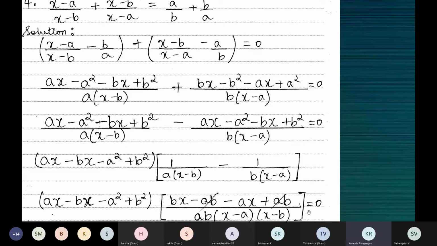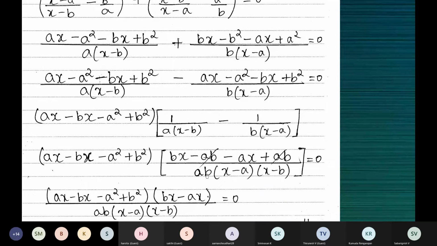So now, when you cross multiply, this is AX minus BX minus A square plus B squared. What is remaining here? BX minus AX is remaining here. Denominator AB into X minus A into X minus B is equal to 0.